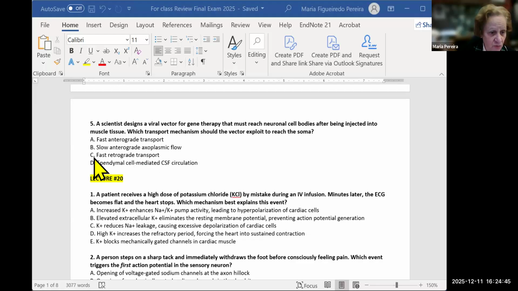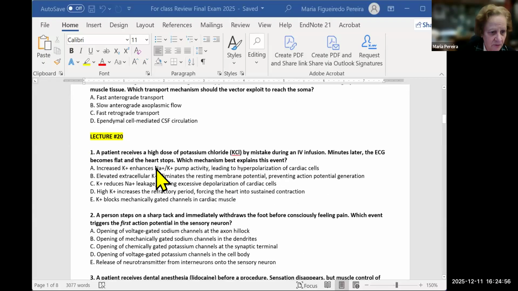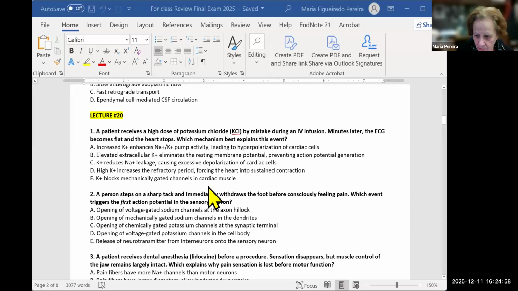So it has to be fast retrograde transport, right? Because it's going from the periphery to the cell body.